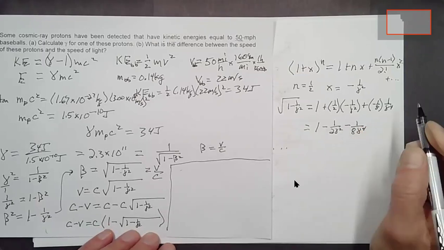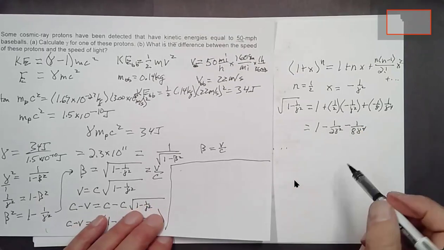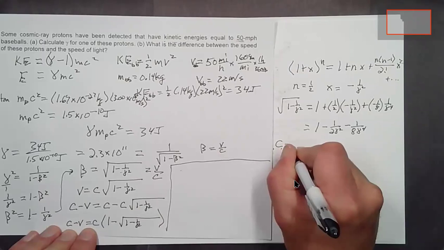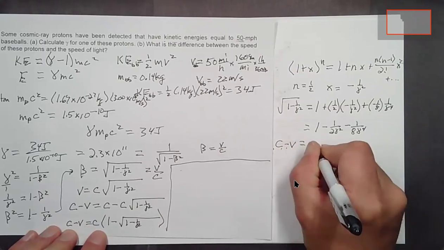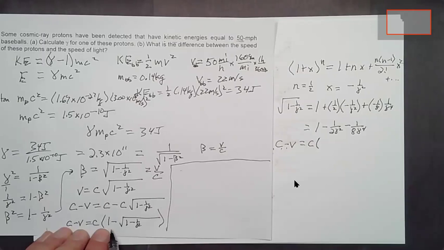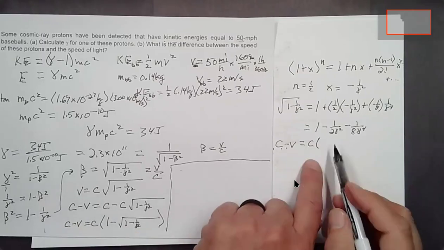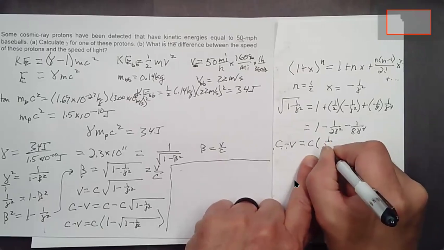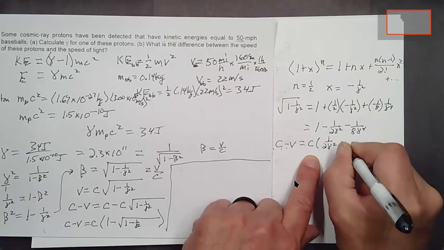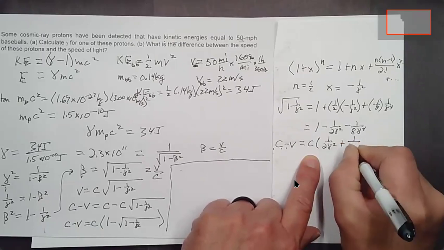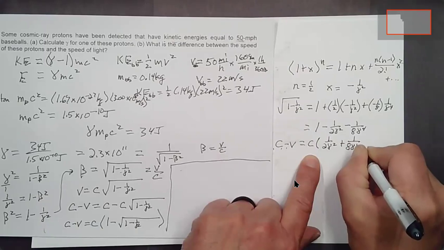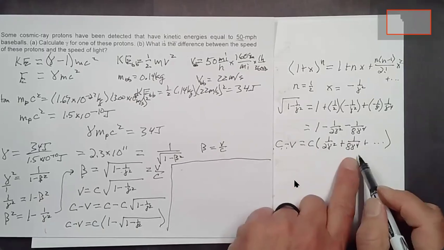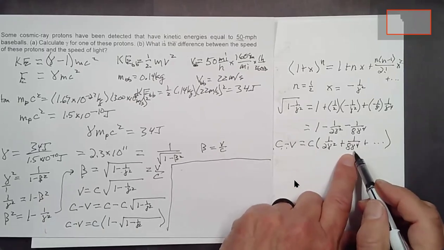Okay, well, when I do this parentheses, I'll get that c minus v is going to equal c times 1 minus that series. So 1 minus 1 is 0. It'd actually be 1 over 2 gamma squared plus 1 over 8 gamma to the 4th, plus you'd have other terms in the series, but they would actually end up being even smaller than this one.